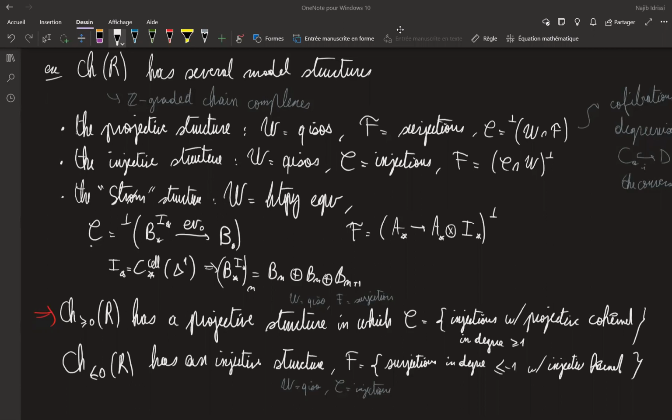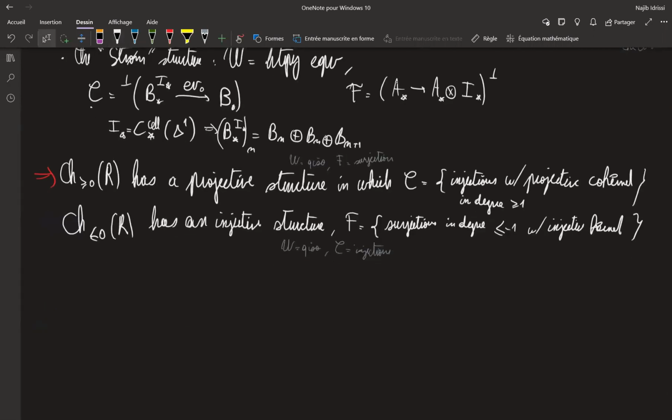There is a question: do we have results on links between different model structures on a category? I mean classification, invariance. To my knowledge, there is work about this, but this is more like a current area of research. If you are interested, last year's homework, you can look on my webpage.